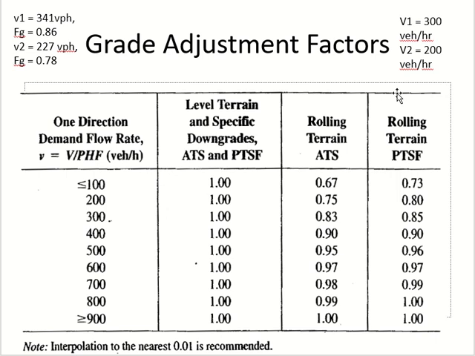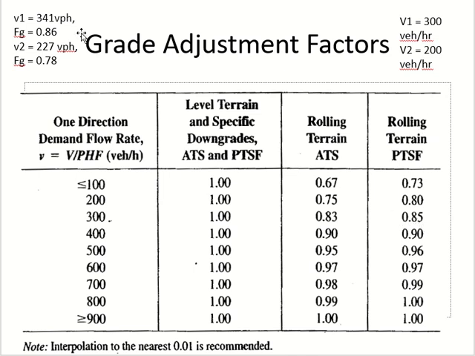Okay. But doctor, this is all calculation from one direction? Yes. We will do the other direction. Okay. So we have V1 and V2 that will not change, because we just divided by peak hour factor. But now we will interpolate the values in this column, from this column.